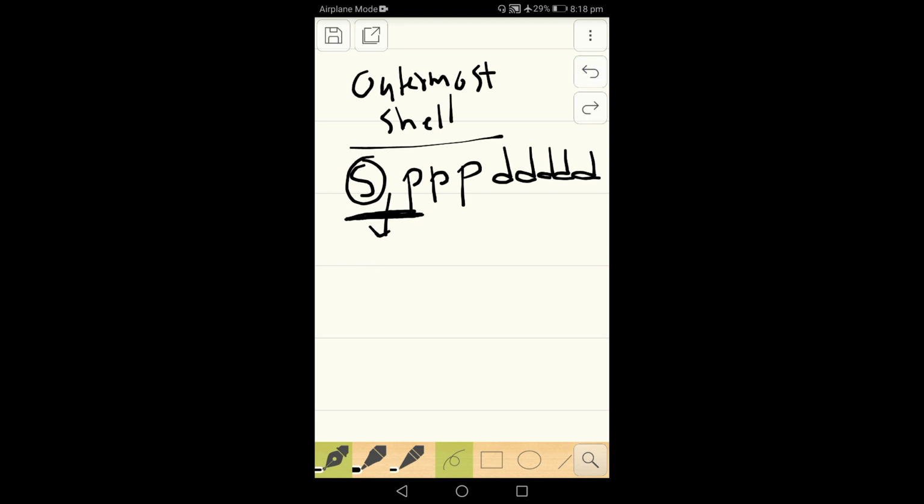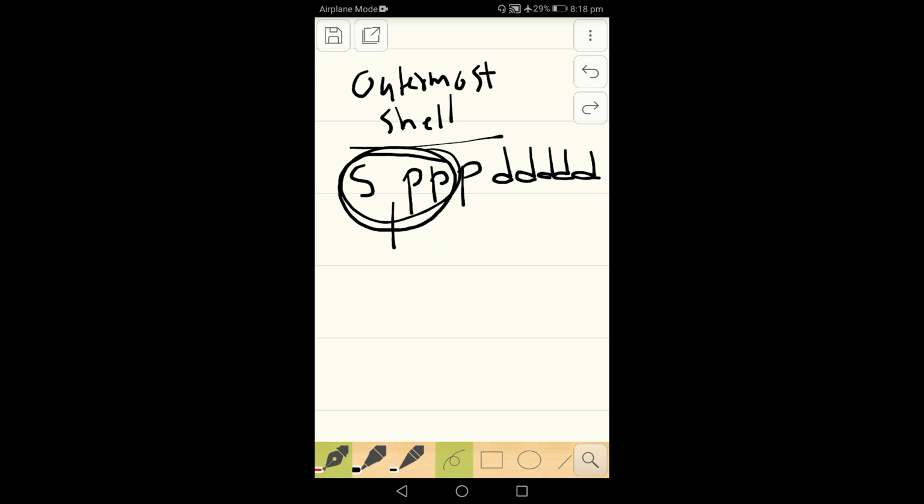One s and one p orbital mix, we call it sp hybridization. Now if one s and 2 of the p orbitals mix, we call it sp2 hybridization. This 2 refers to the fact that 2 p orbitals are being mixed.